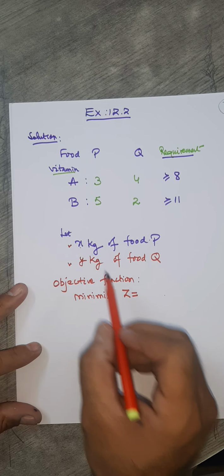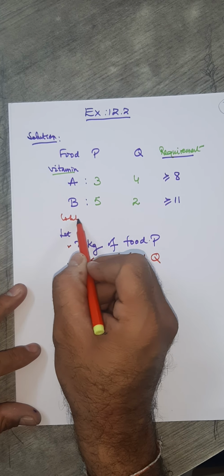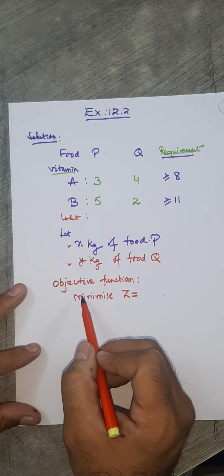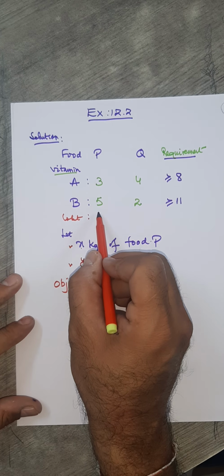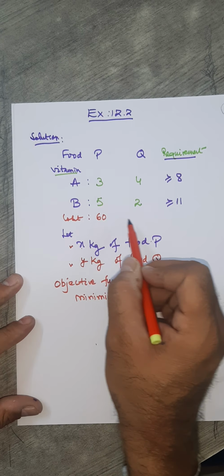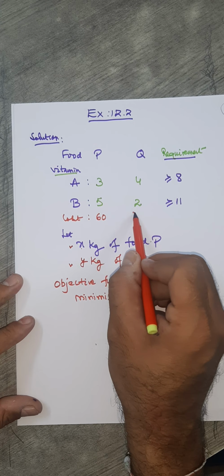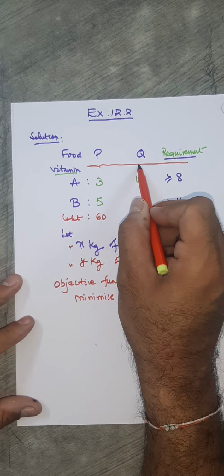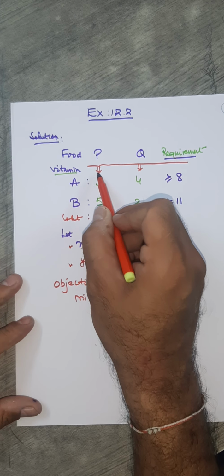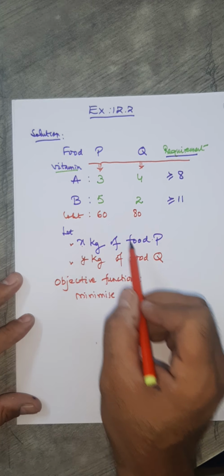Now what is the cost here? Read the question. For food P, it is 60 per kilogram, so I'll write here 60. And it is 80 per kilogram for Q.